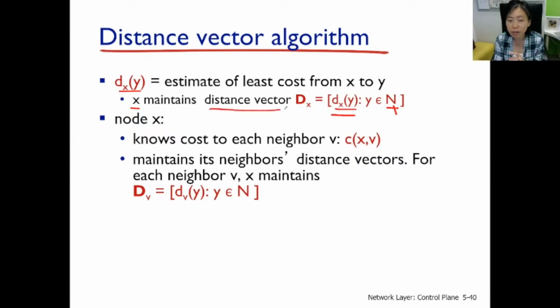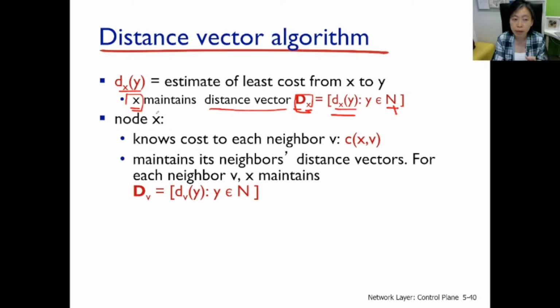Therefore, we call this a distance vector. It's denoted as capital D. Because this is the distance vector for node x, it's called Dx. So the goal of the distance vector routing algorithm is to derive Dx for each node x.